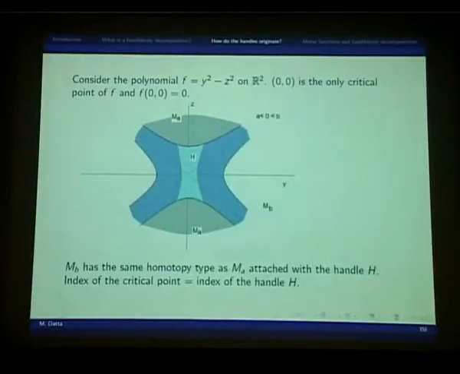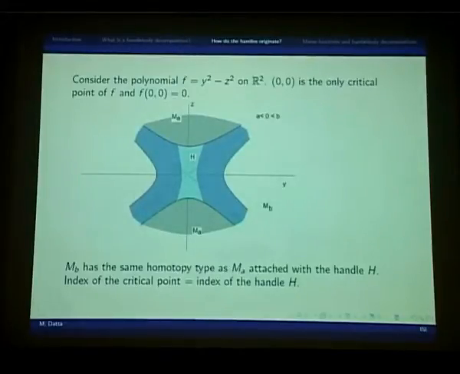So two copies which are showing the attached. So this is a handle of index 1 is attached. So what I want to point out is the correspondence, that you have a critical point of index 1 and you are attaching a handle of index 1.